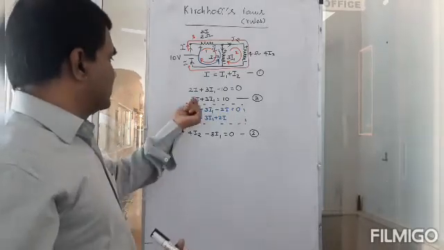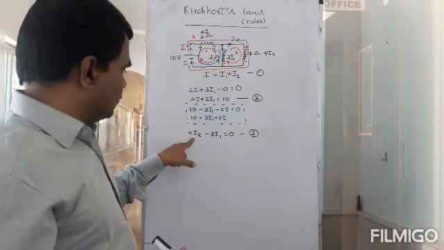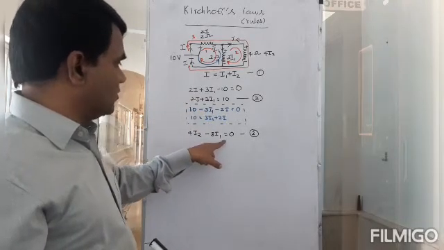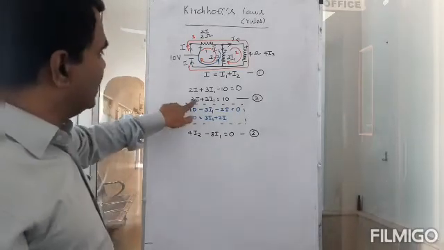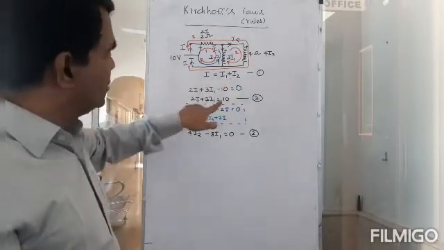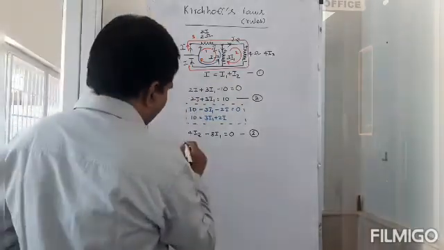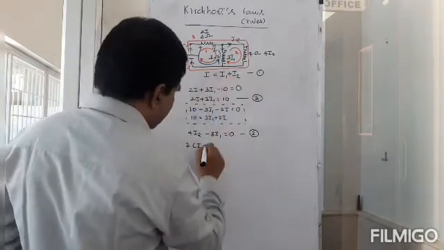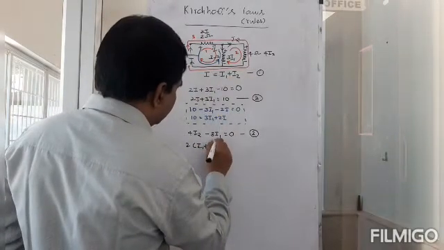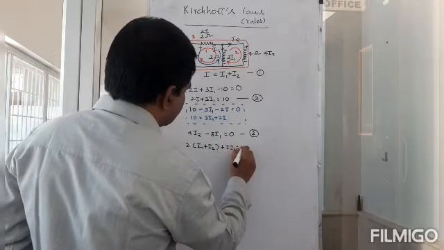Okay, so look at this. This is 2i plus 3i1. This is 4i2 minus 3i1 is equal to 0. I can do something. I know i is equal to i1 plus i2. So I can make use of that equation here. So then that will give me 2 into (i1 plus i2) plus 3i1 is equal to 10.